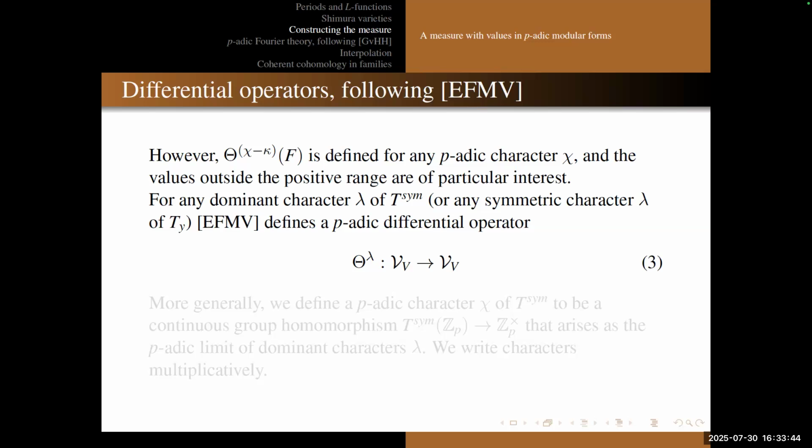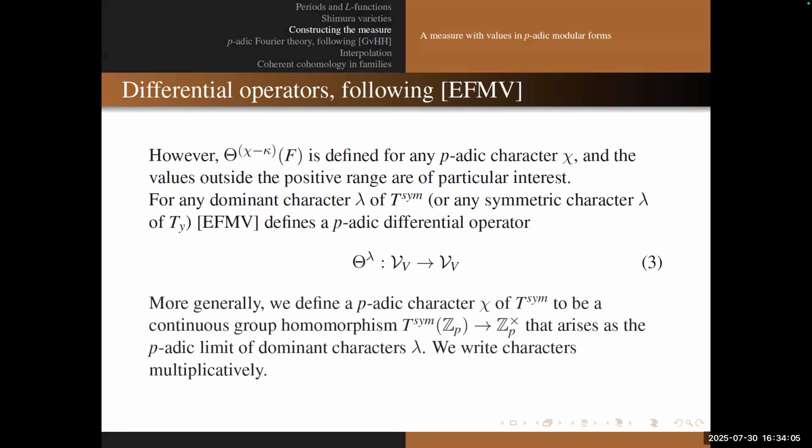But in any case, you get a p-adic differential operator if lambda is a dominant character. This is a p-adic differential operator, defined by p-adic differential geometry in the sense developed on the Igusa moduli space by Eischen et al. And this p-adic differential operator is defined in a non-obvious way.